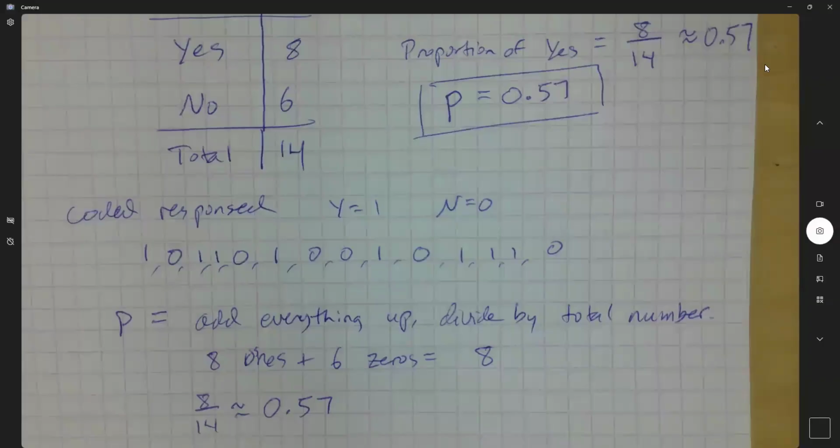And this can be true, false, pass, fail, has diabetes, does not have diabetes, is in the Western Hemisphere, is not in the Western Hemisphere, is taller than 57 inches, is shorter than 57 inches. You can turn almost any question into binary data just by phrasing it as a yes or no question.